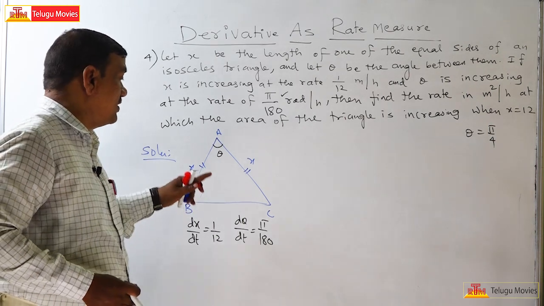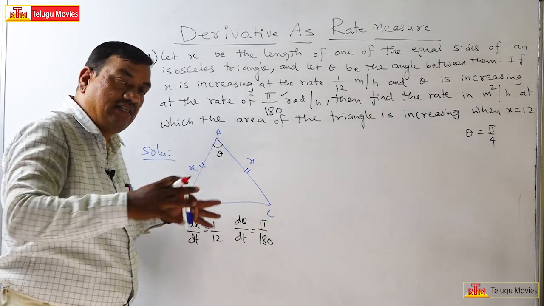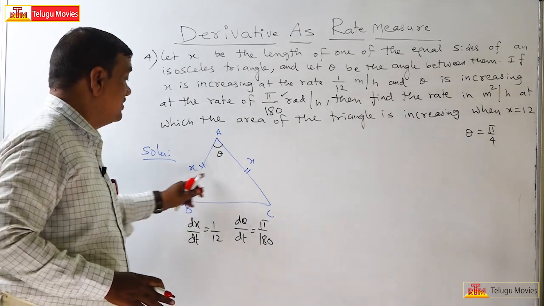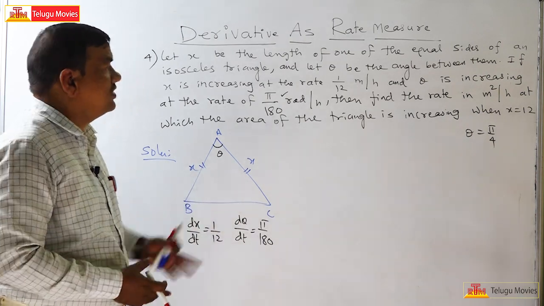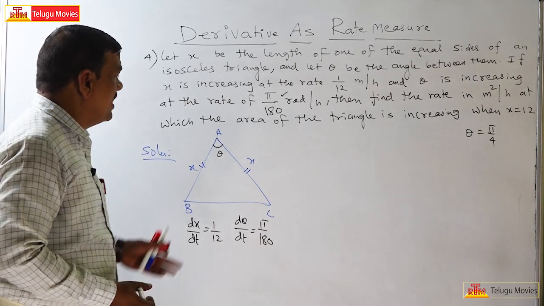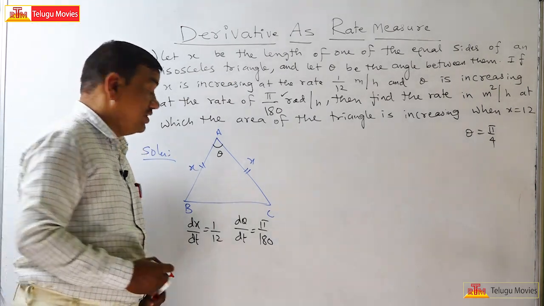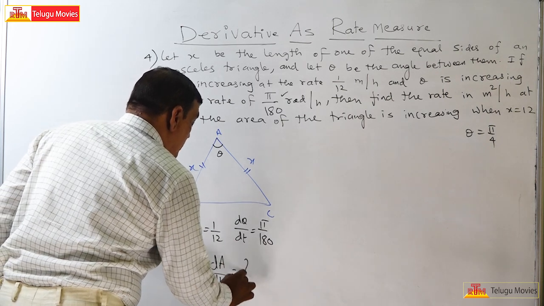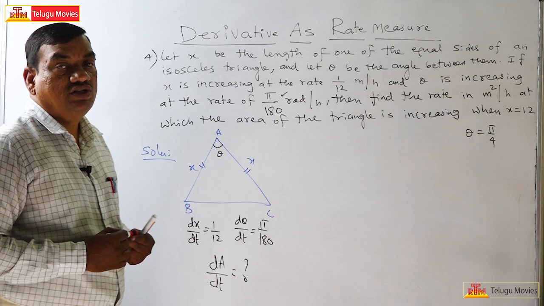So x is increasing, theta is also increasing. Both are increasing. Then automatically the area is also increasing. So we have to find out dA by dt, the rate of change of area.